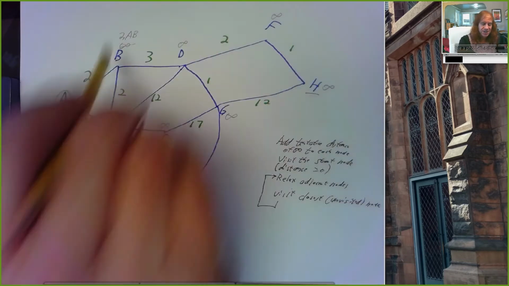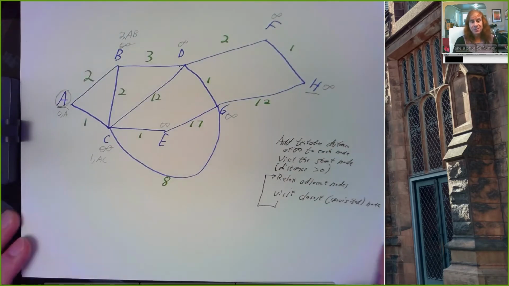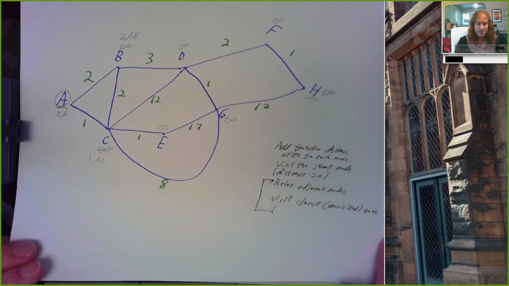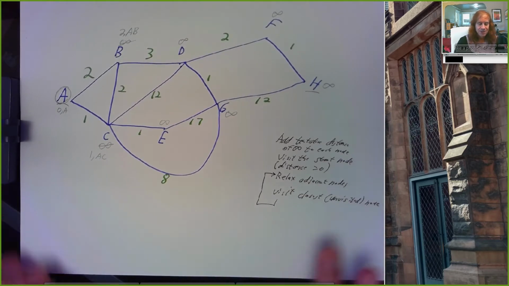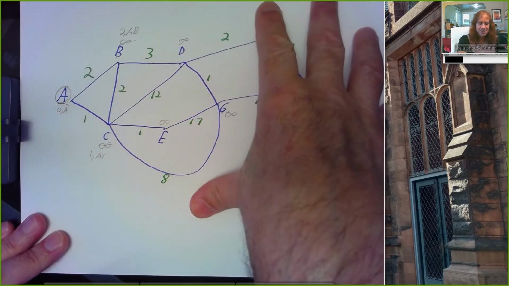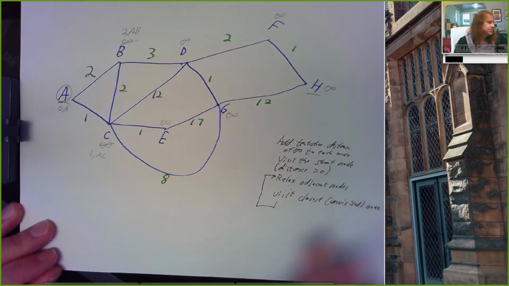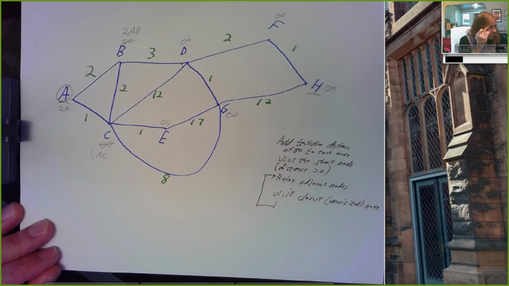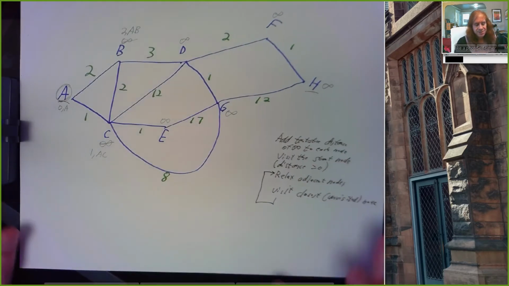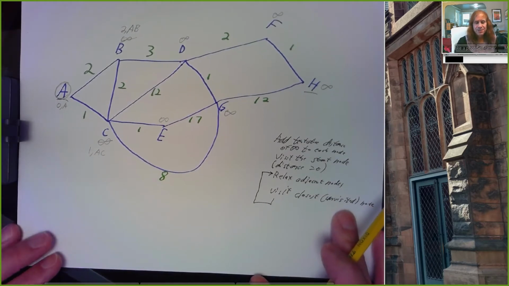Because as you make changes to this, unless you make it very neatly, it's hard to know what you did along the way. So I would say, I've relaxed my nodes, make a copy of this, and then go on, visit the closest node and relax, and so on. So your best bet is to make separate copies each time that you're going to make a different change.